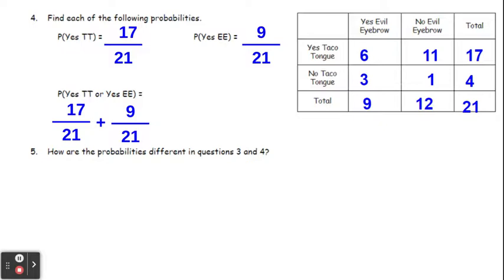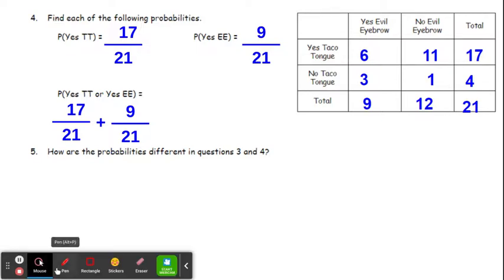Now, the reason that this is happening is because we have a group of students that we are counting twice. For example, when we got that 17 out of 21, that was this entire first row in our table. The 9 out of 21 was this entire first column in the table. And when we added those numbers together, we have this group of 6 people that were being counted in the first row, and they were being counted in that first column.